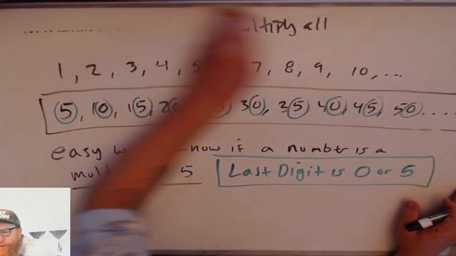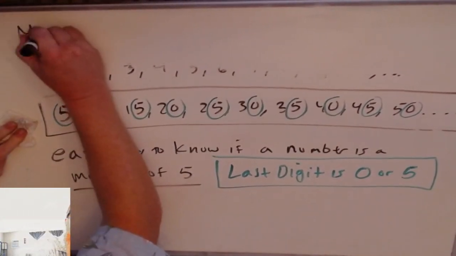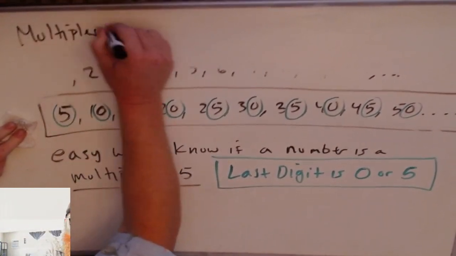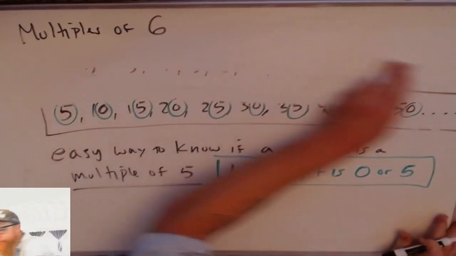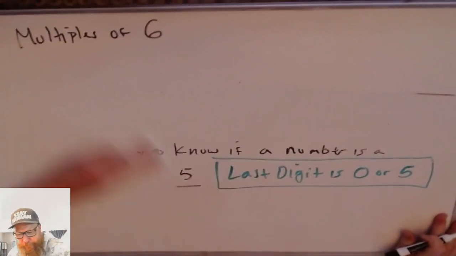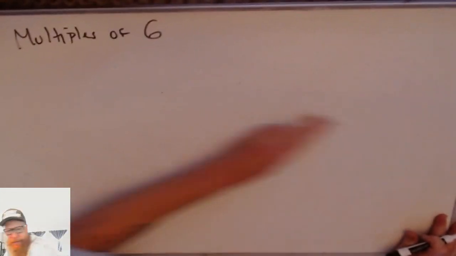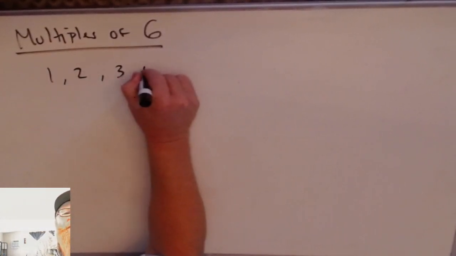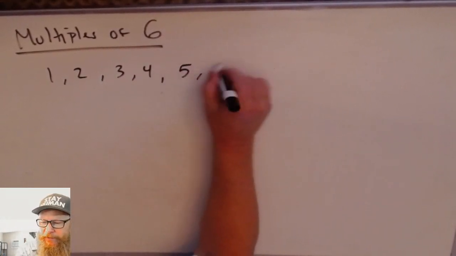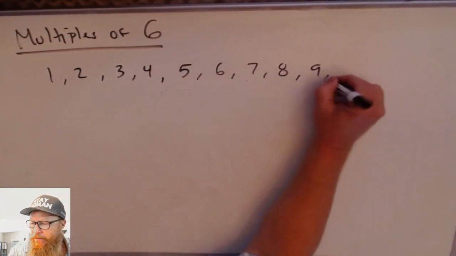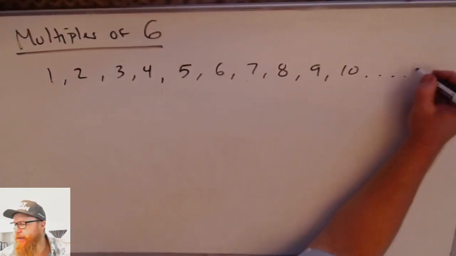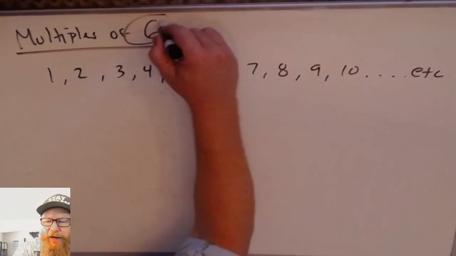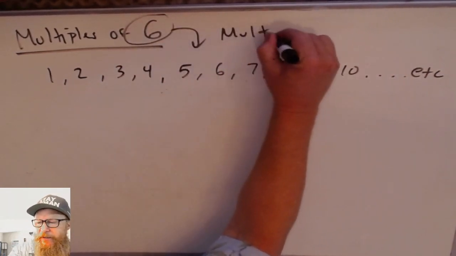6 is kind of important. So again, take the natural numbers, etc., etc., and multiply them all by 6.